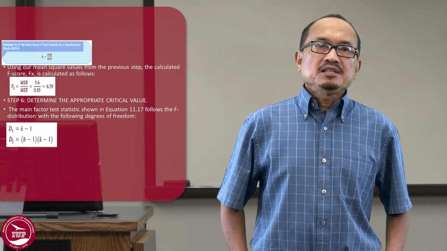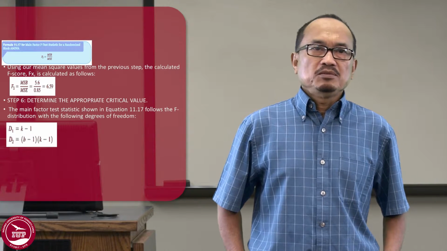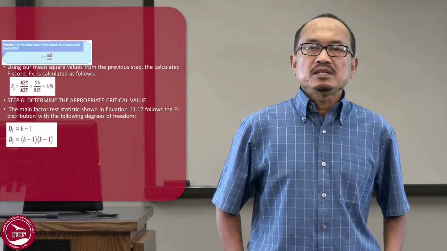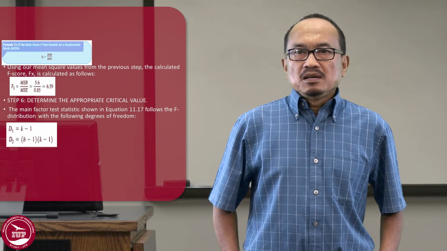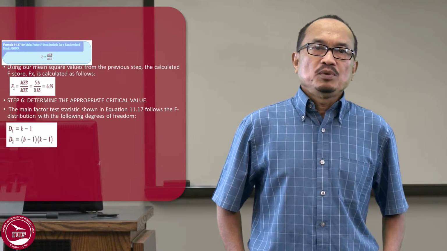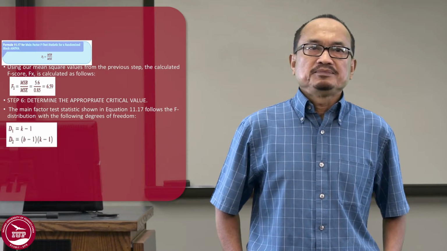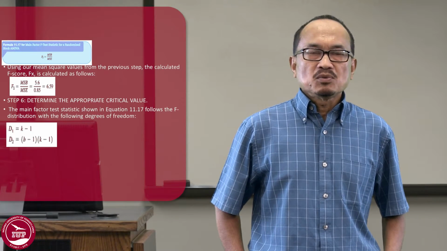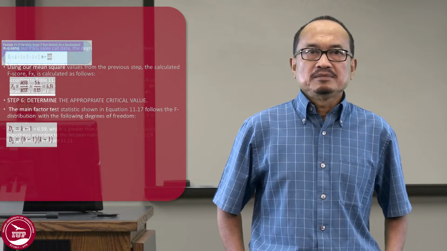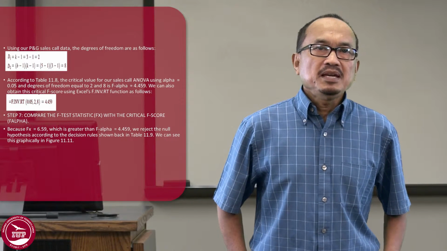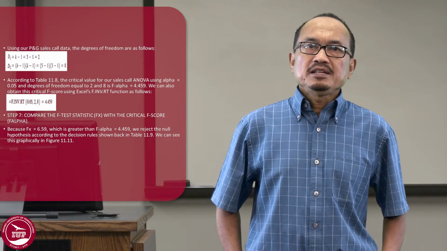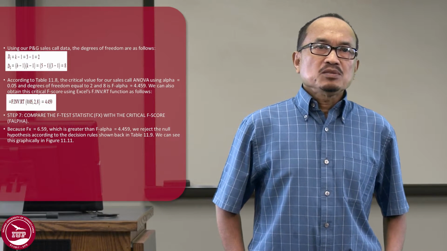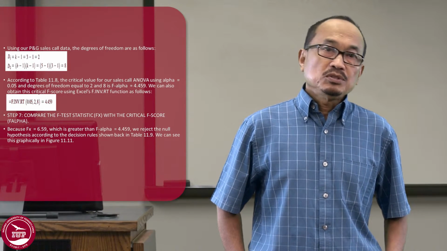Step 6. Determine the appropriate critical value. The main factor test statistic shown in equation 11.17 follows the F distribution with the following degrees of freedom. D1 is equal to K minus 1, D2 is B minus 1 times K minus 1. Using our P&G sales call data, the degrees of freedom are as follows. D1 is K minus 1 equal to 3 minus 1 equal to 2.